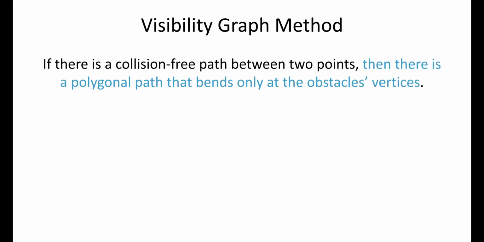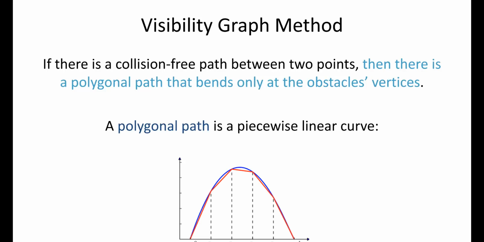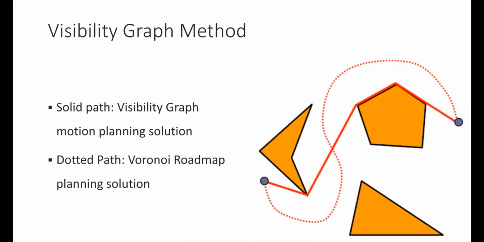It is based off of the principle that if there is a collision-free path between any two points, then there's going to be some polygonal path that bends only at the obstacle vertices. A polygonal path is just a piecewise linear curve. So this inner line, this red one, is approximating this blue curve.